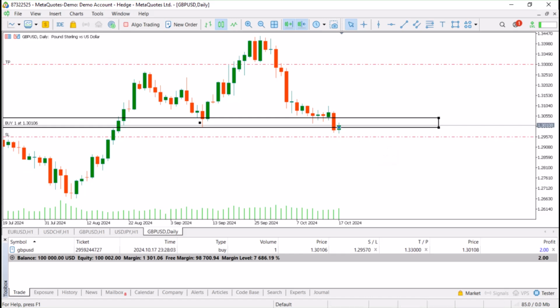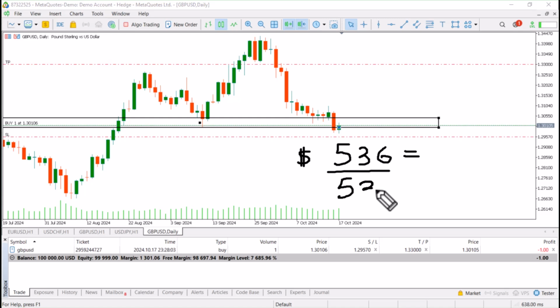I want you to understand the concept. That's why I didn't want to just give you the direct answer to the question I asked. If $536 equals 53 points, then what does each pip move mean? It means if we divide 536 by 53, we have almost 10.